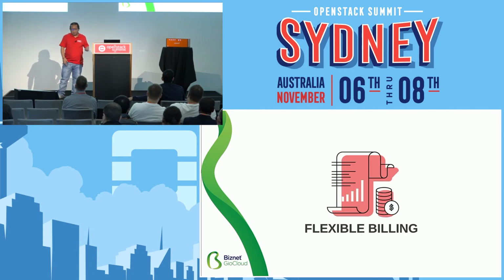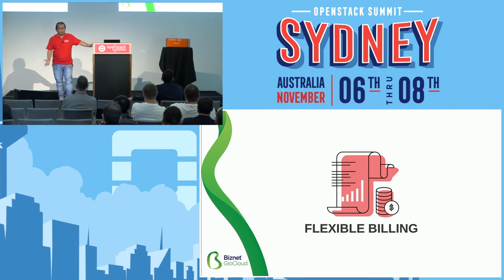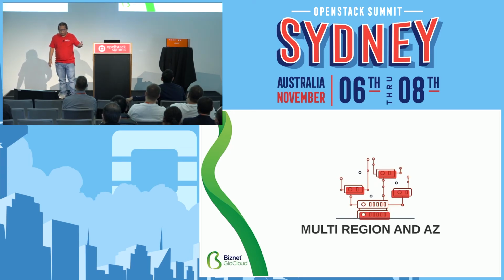What we do is introduce what we call flexible billing. Customers can choose between monthly or hourly basis according to their needs. One month they can choose to reserve, and the following month they can choose hourly. And we introduce multi-region and AZ.